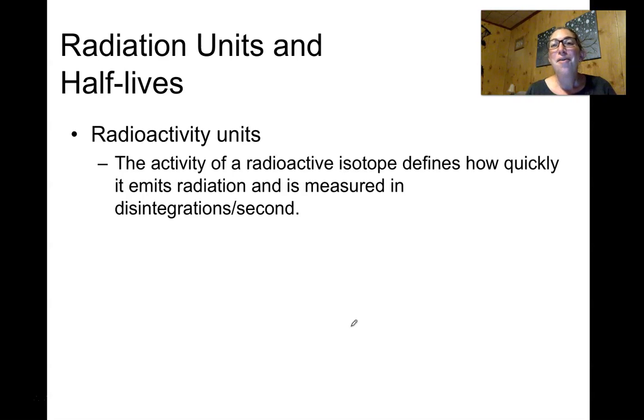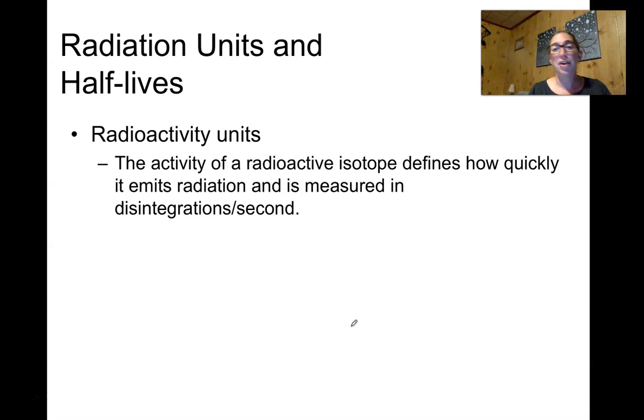Alrighty. So, like we said, when an atom undergoes nuclear decay, it decays and then it's no longer radioactive anymore, or it's a new type of radioactive element. And all elements that undergo radioactive decay do this at a very consistent rate. Some will decay very quickly.